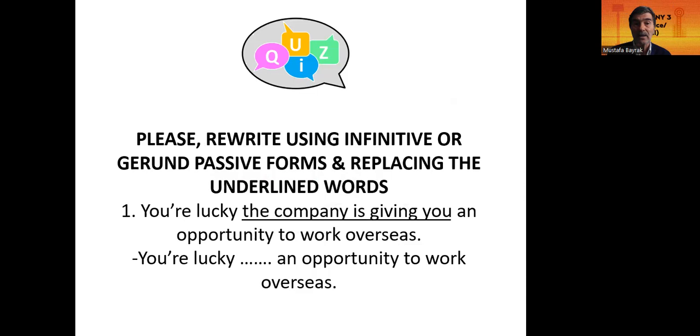Okay, for example, you are lucky, the company is giving you an opportunity to work overseas. So, you are lucky, the company is giving you an opportunity to work overseas.